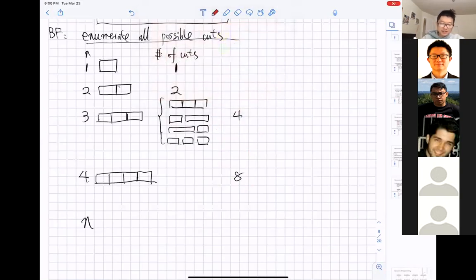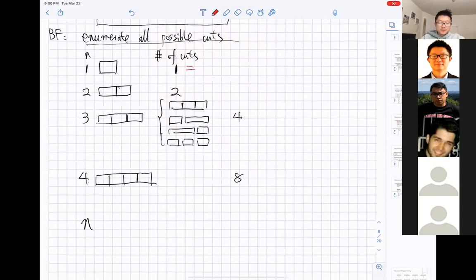That's brilliant. So here, 1 equals 2 to the power of 0, 2 equals 2 to the power of 1, 4 equals 2 squared, 8 equals 2 to the power of 3. So you can say the exponent that we use here is basically n minus 1, right?